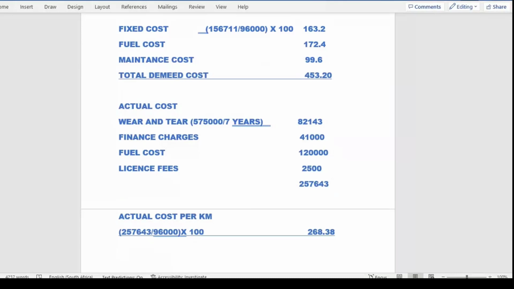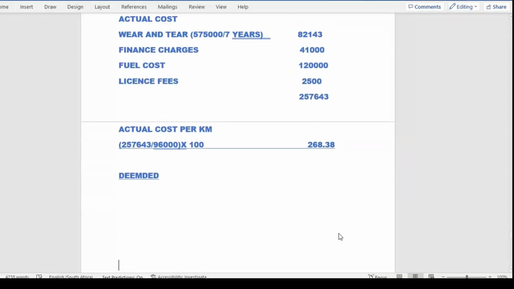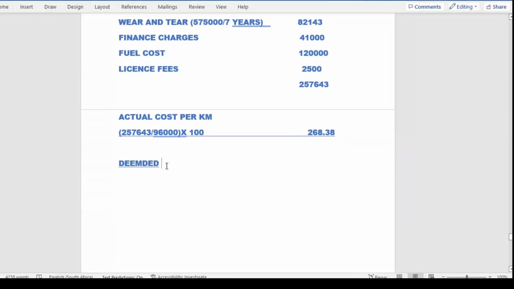Okay, so we found the deemed cost being the highest, therefore it will be used, and it will be as easy as that.